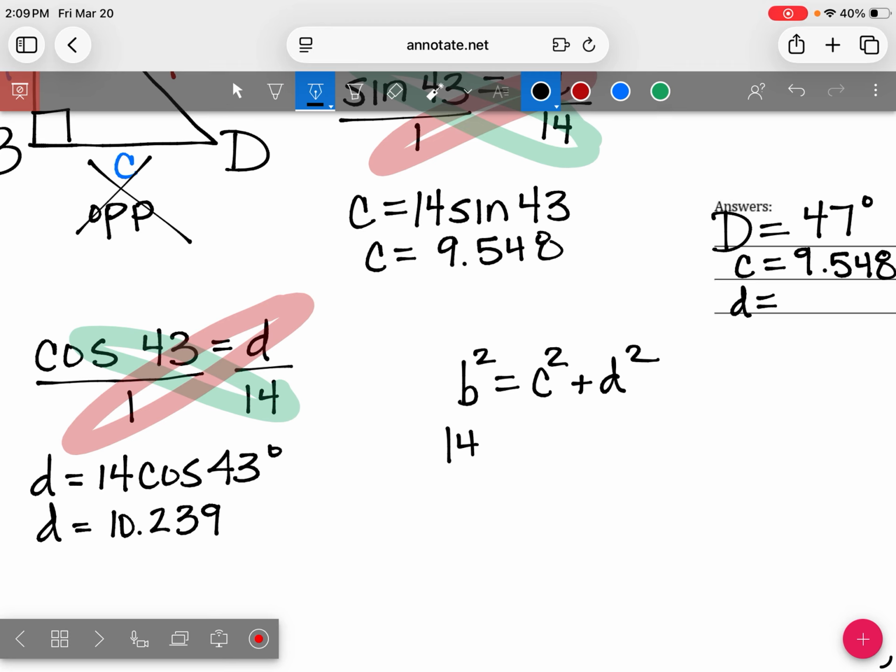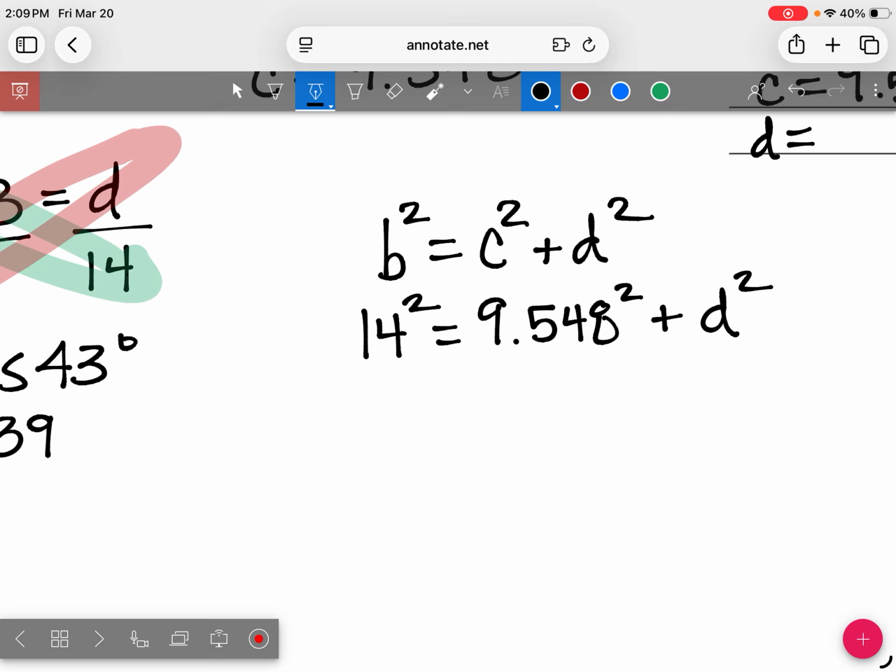So that would be 14 squared equals 9.548 squared plus d squared. So before we pick up a calculator, let's solve this for d. First thing I would do is subtract the 9.548 squared, which would be 14 squared minus 9.548 squared, and that equals d squared.